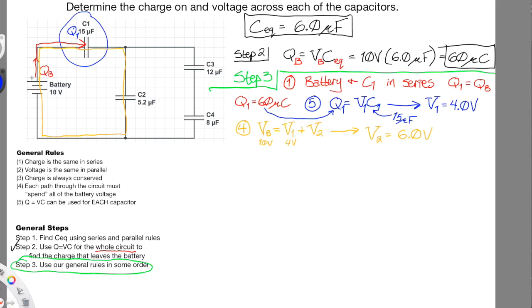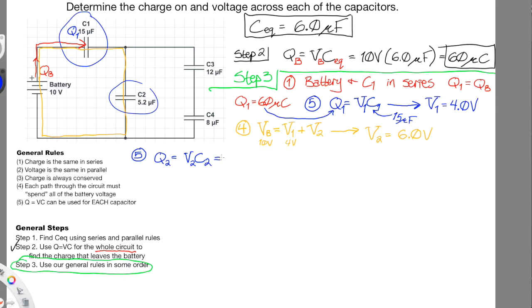Now we can once again pull our Q equals VC out of our back pocket. We're still using it to talk about one individual capacitor, but this time we're going to use it to talk about C2. So that means the charge just on capacitor 2 is equal to the voltage just across capacitor 2 times the capacitance of just capacitor 2.